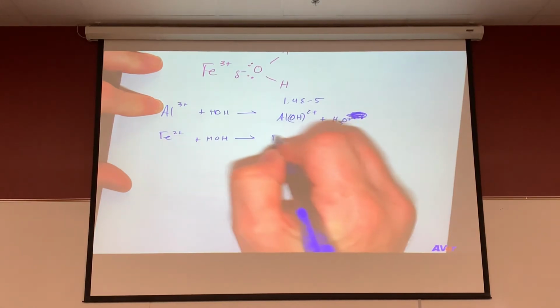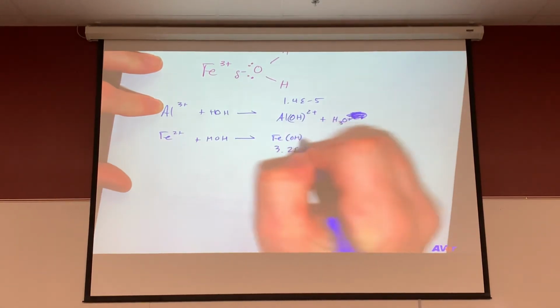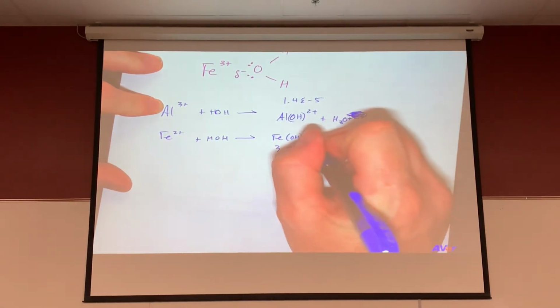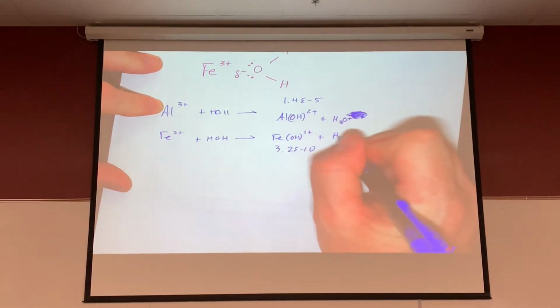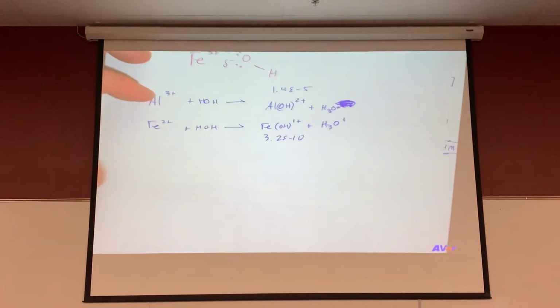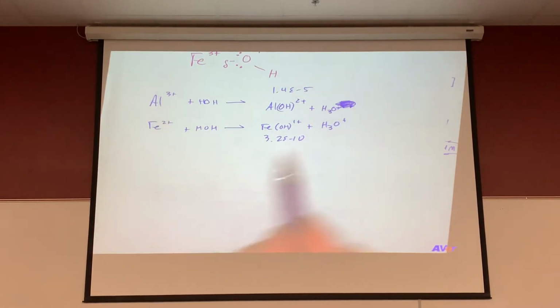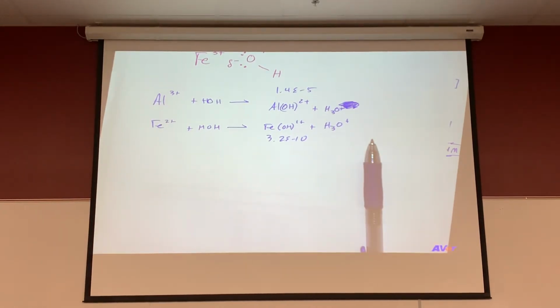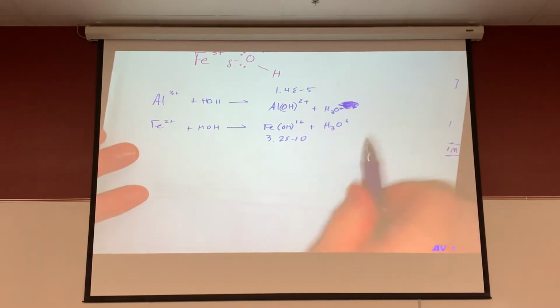And for this one, you're going to get FeOH, and that's going to be 1 plus and H3O plus. So you could be asking a couple of questions, like in comparing these two, which one's going to sit more to the right?